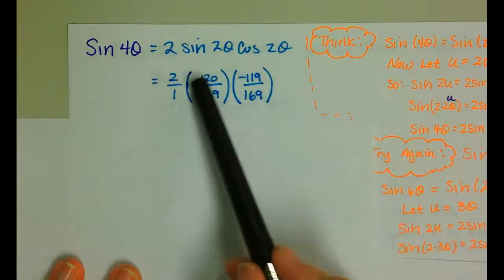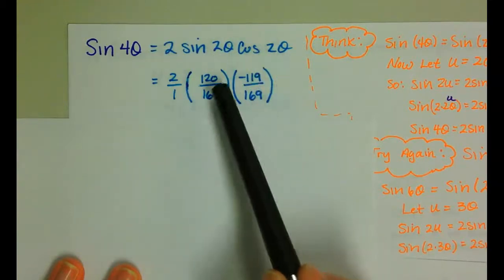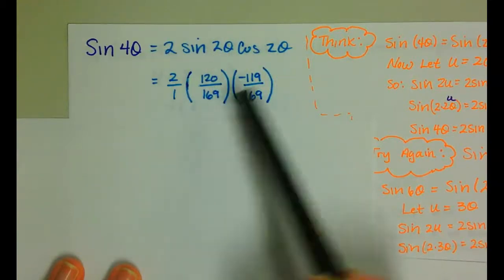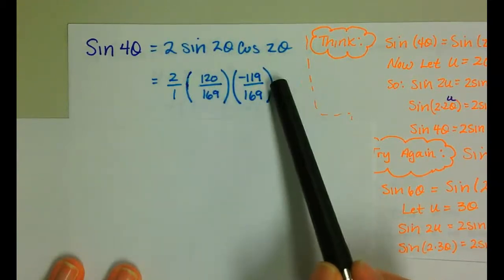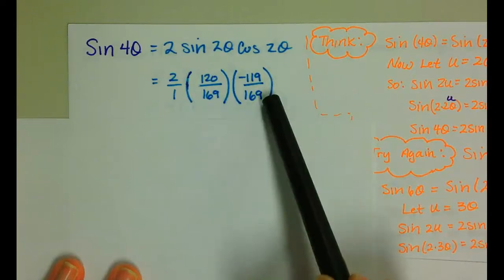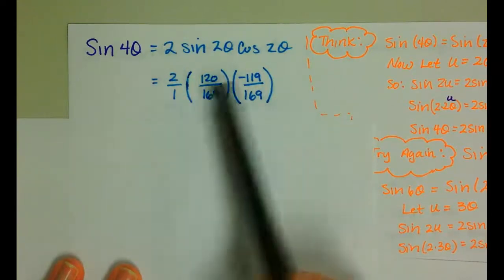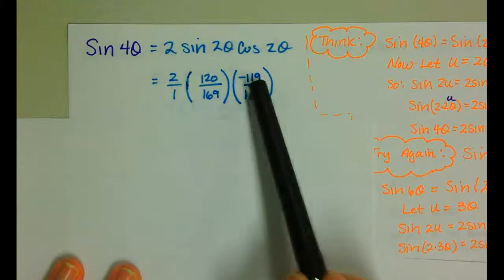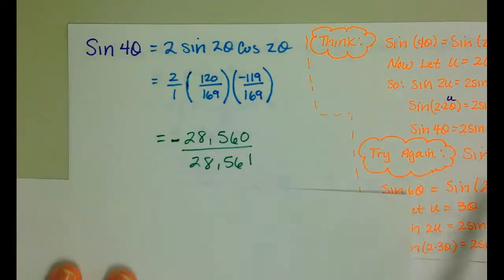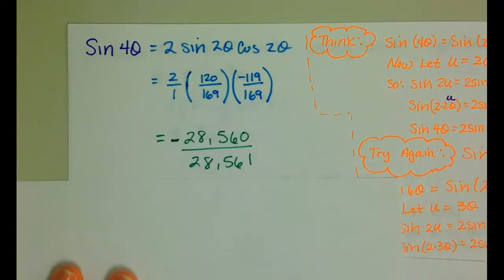So I have 2, which is 2 over 1, times sine of 2 theta, which is 120 over 169, and cosine of 2 theta, which is negative 119 over 169. When I multiply the tops and the bottoms together, I'm going to get a negative, and I'm going to get an extremely large value. Can you imagine how much bigger this would get if we were doing sine of 6 theta? This number would get really, really big. All right, so that takes care of sine of 4 theta.